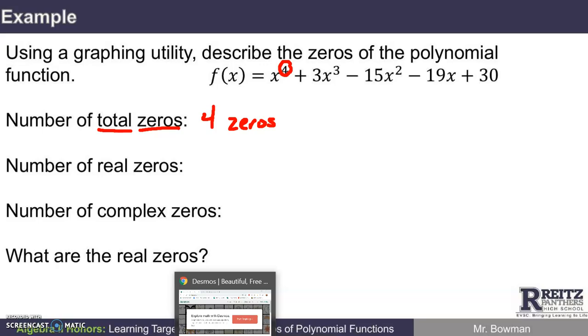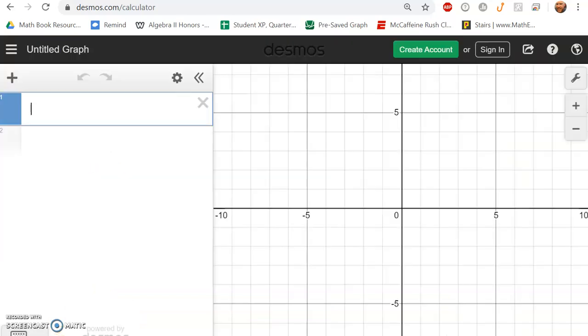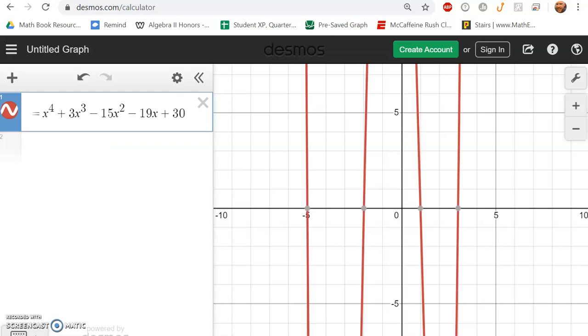Now, how many of them are real? Well, we better look at Desmos. Okay, here's Desmos. I have graphed the function. I typed in f of x equals. You can type y equals if you'd rather.